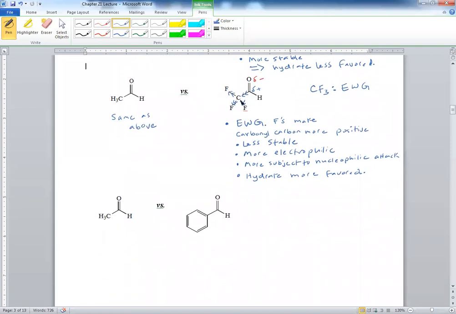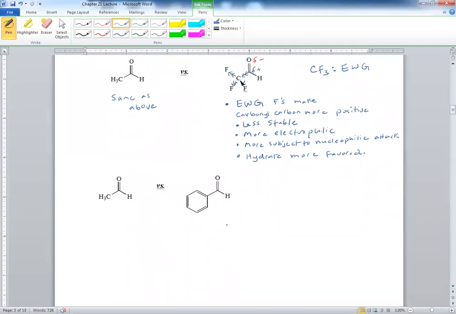Now, of course, the last one is the same as above. You should be able to pause and decide whether this would favor the formation of the hydrate or the hydrate would be less favored. So again, look at whether there are effects that make it more stable. So let's take a look at this.